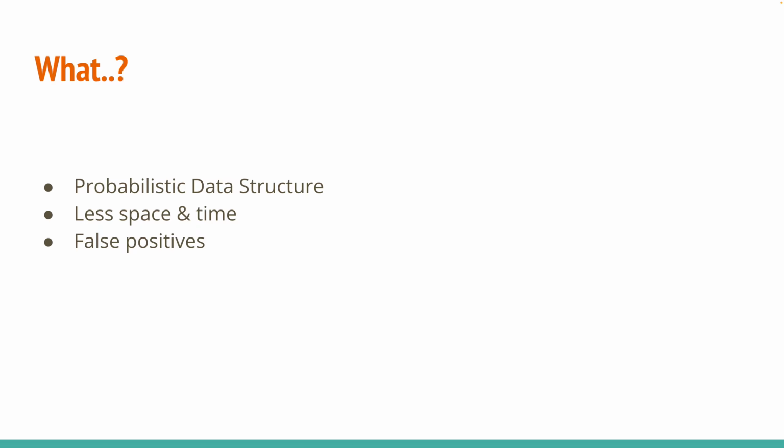It could capture the data, and when we want to verify whether a particular element is present in the data structure or not, it gives back a yes or no binary answer to us. It won't give back the original element or data, but it will tell us whether that particular element is already present in it or not.